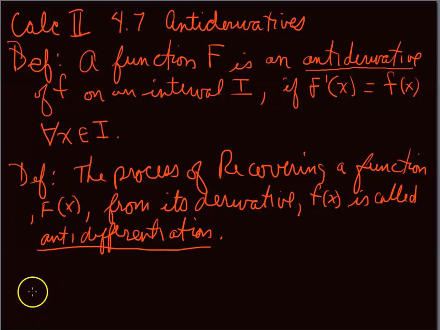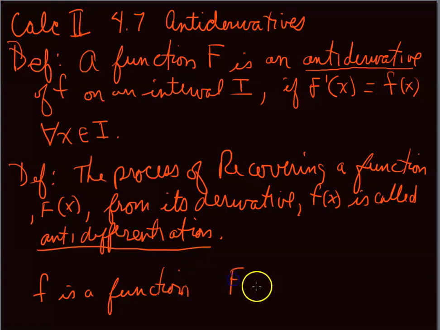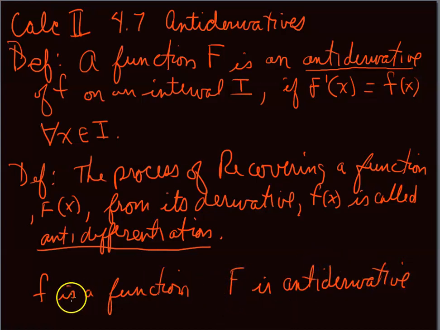Let me write this down maybe another way. Little f is a function and capital F is the antiderivative. That's the function you took the derivative of to get the little f, if that makes sense.